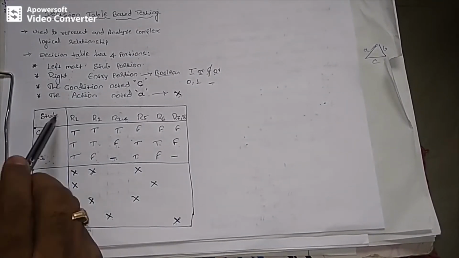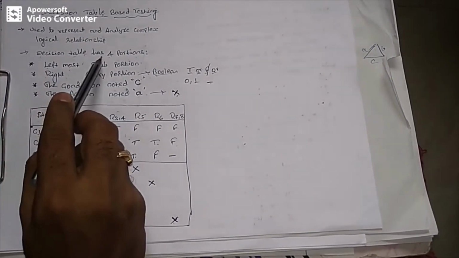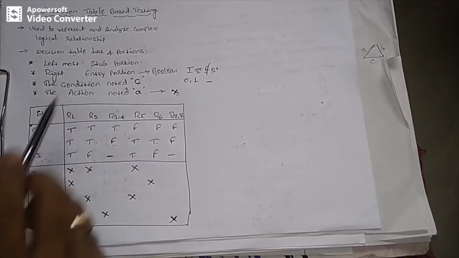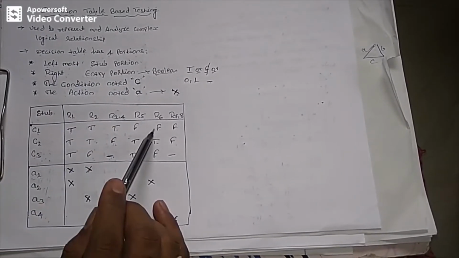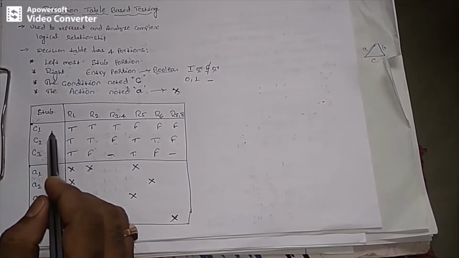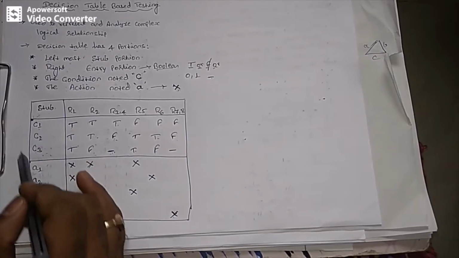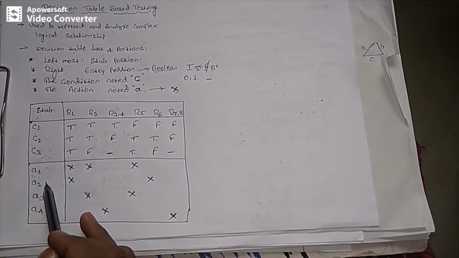So I'll repeat, the total table has 4 portions. One is the stub portion, and this is the entry portion. In the stub portion we have a condition portion as well as an action portion. The condition portions are represented by using a small c and action portions are represented by using a small a.